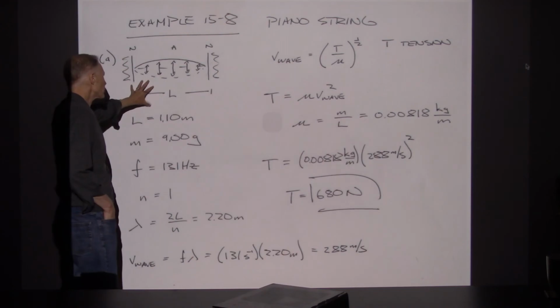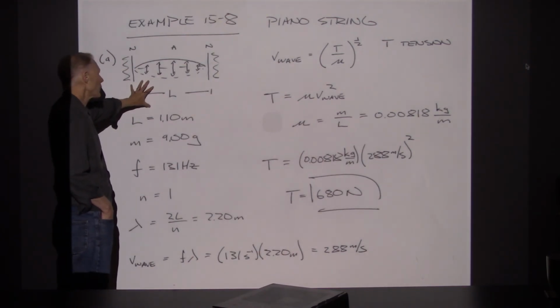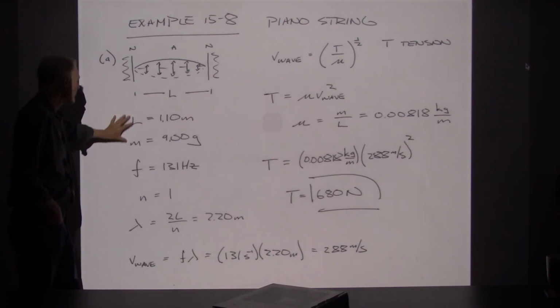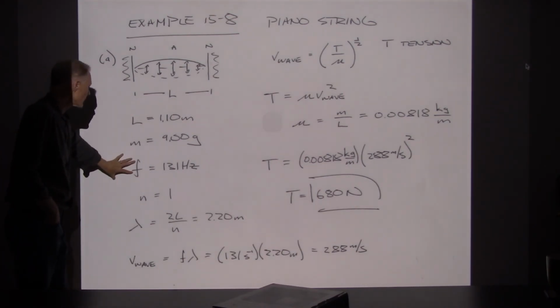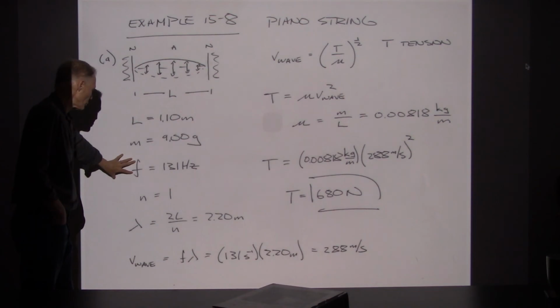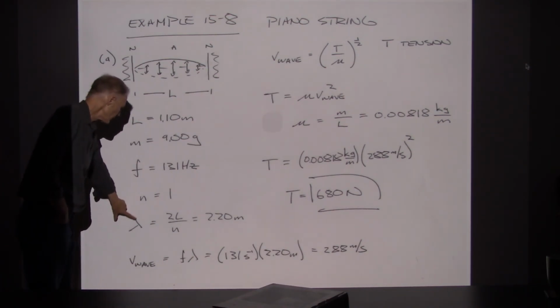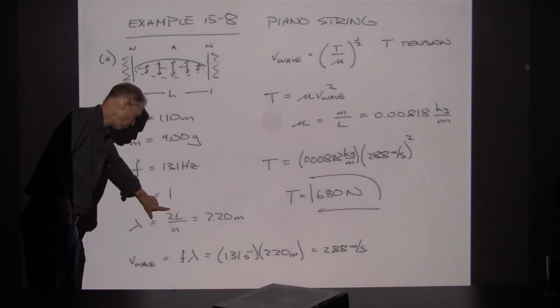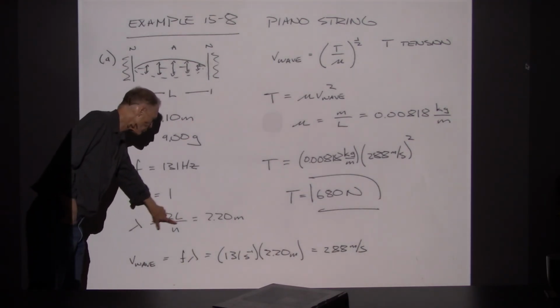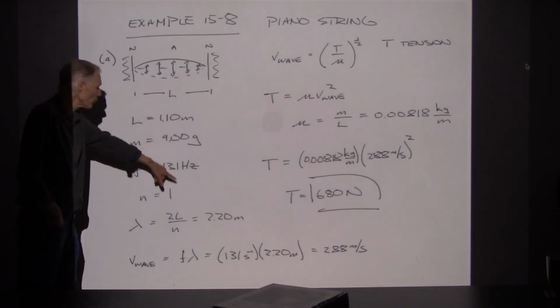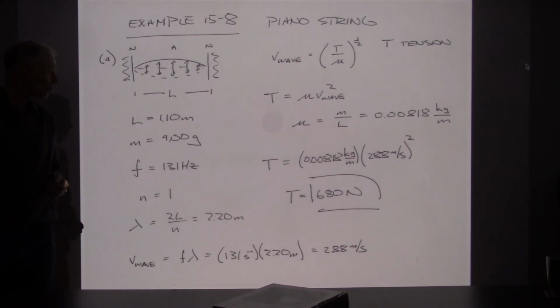So this is what the first harmonic standing wave pattern looks like. Now the length was 1.10 meters, the mass was 9 grams, the frequency that we want is 131 hertz. It's the first harmonic, so n is equal to 1. That says the wavelength, using the formula 2L over n, for a length of 1.1 meter, the wavelength is actually 2.2 meters.